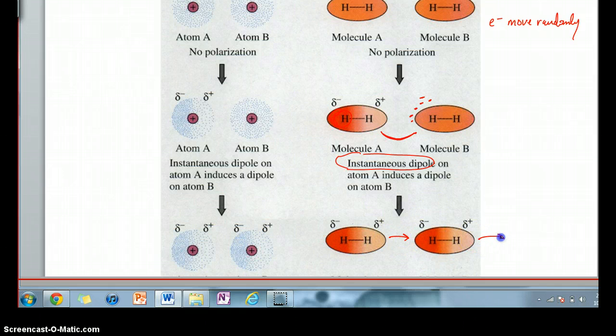One induces another and so on, and it creates a domino effect. Again, this is just by virtue of electrons distributing randomly to one side of a molecule, and then the electrons in nearby molecules will shift to maximize the attractions and minimize the repulsions.